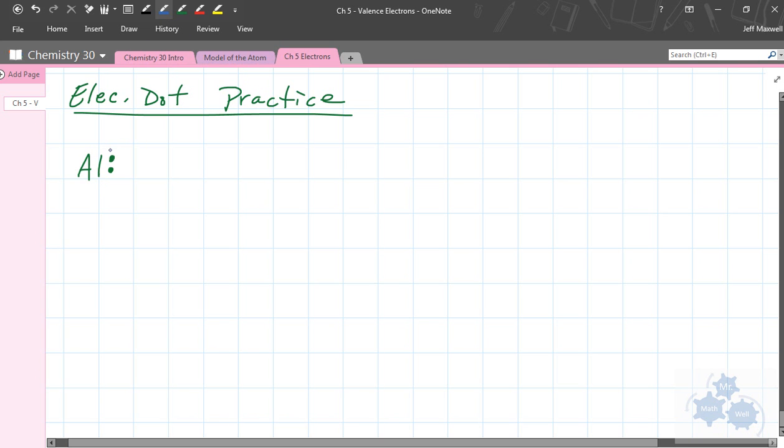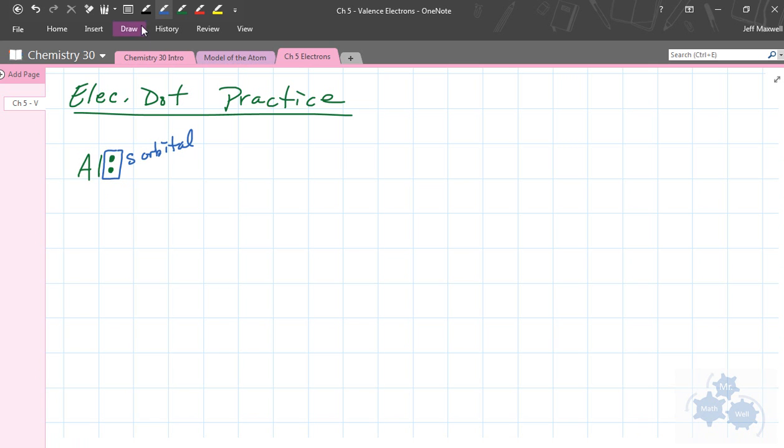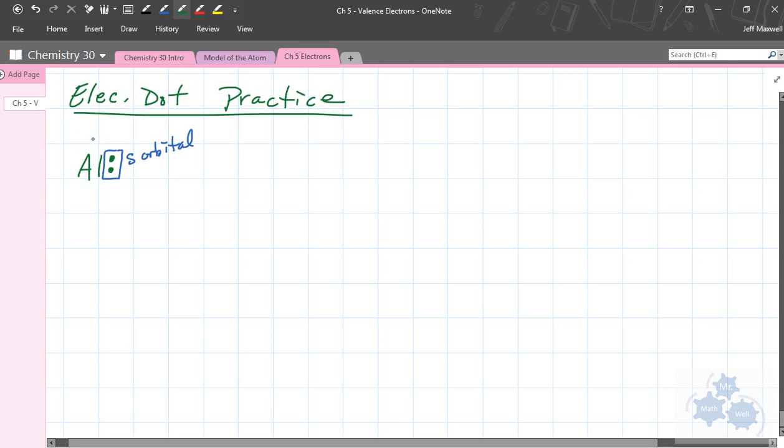Now, on this right side here, and I think the textbook does it like this as well, generally this side here is the s orbital. It doesn't have to be on the right side, but typically, if you're just doing electron dot diagrams, this is the s orbital. So notice that the s orbital for aluminum is full. And we also have 1 electron in the p orbitals.